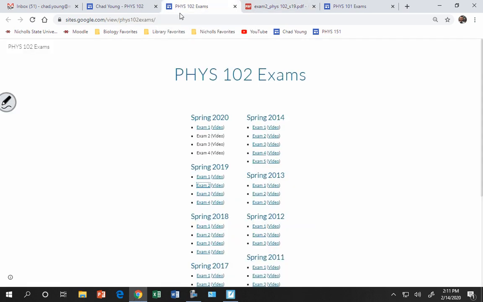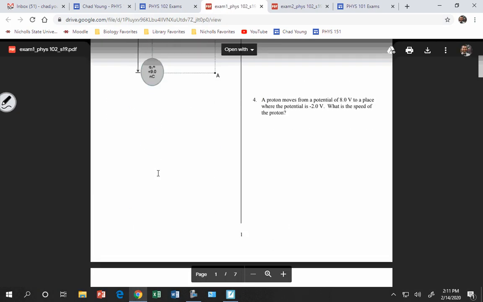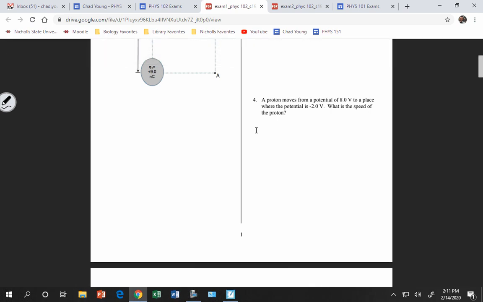Let's look at exam 1. Okay, like number 4 here. Yeah, it looks like this was a free response last year. I have a proton that moves from a potential of 8 volts to a place where the potential is negative 2 volts, and I just want to know the speed of the proton. This is exam 1 from last spring.